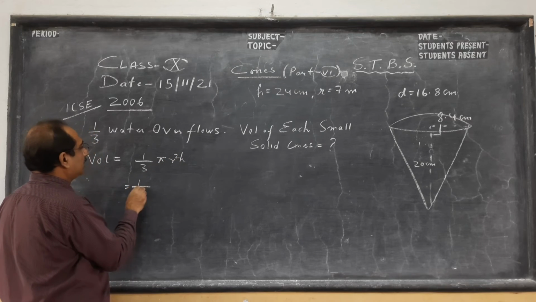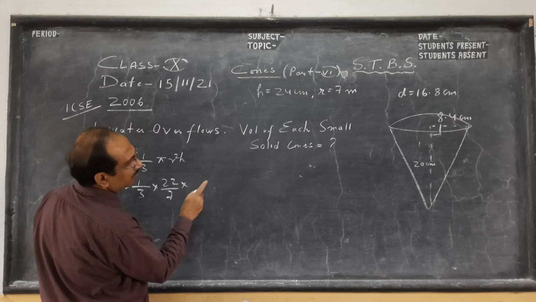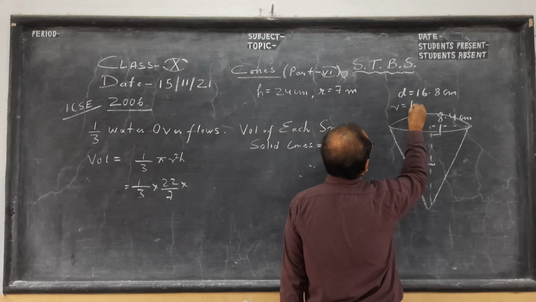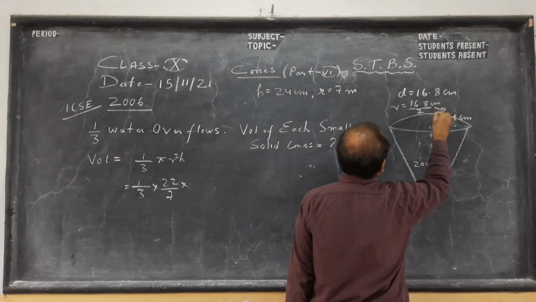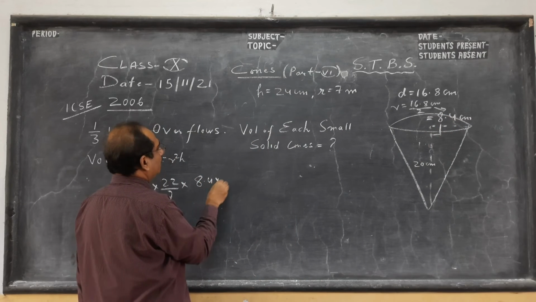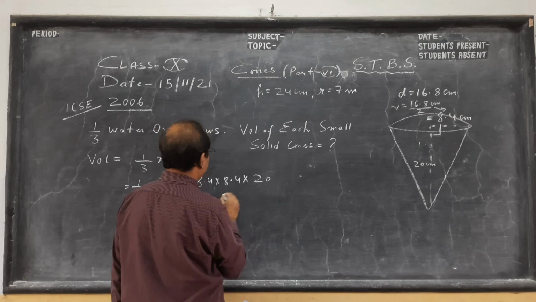So 1/3 pi, when nothing is given, you have to take 22/7, and diameter is given 16.8, so radius is 16.8 centimeter by 2. We get 8.4 into 8.4 into height is also given, 20 centimeters.